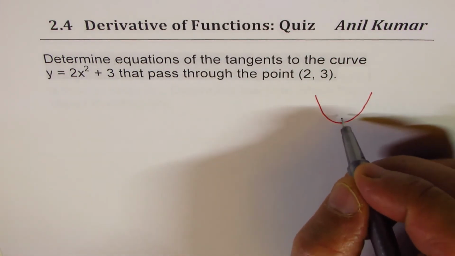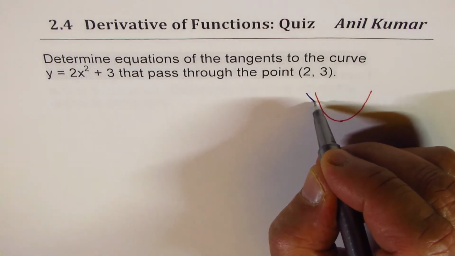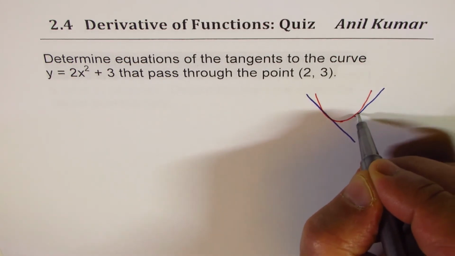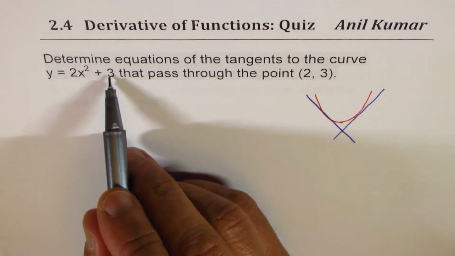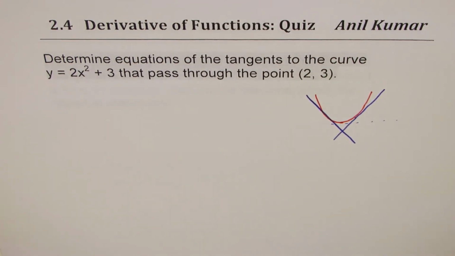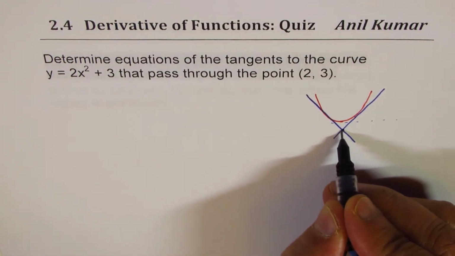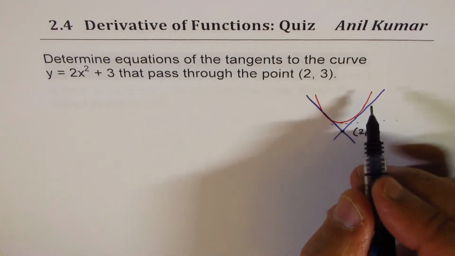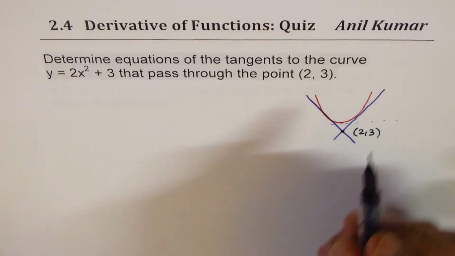So we'll just draw 2 tangents, not bothering where the points are. Both y values of 3 do indicate that they are horizontally placed, but I'm not doing it. We are just trying to figure out a general solution. We say this is the point (2, 3) for us, external to the curve, and that's the curve.